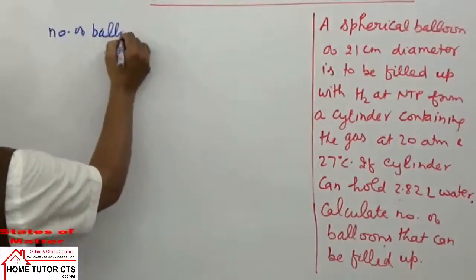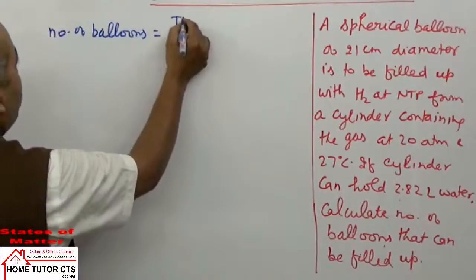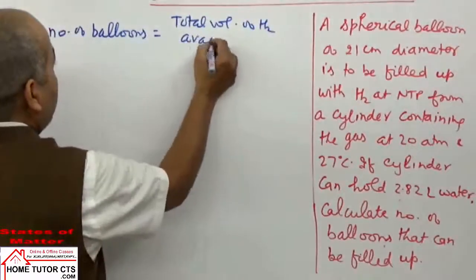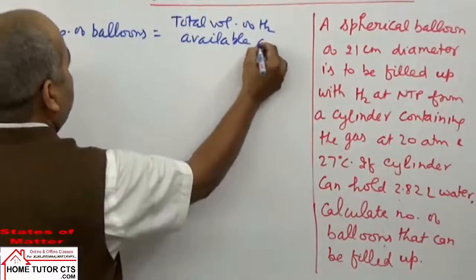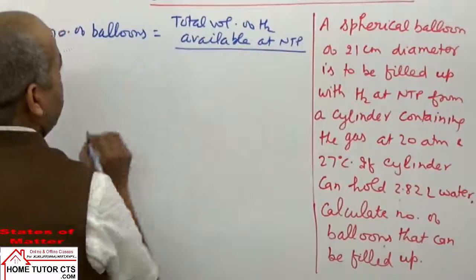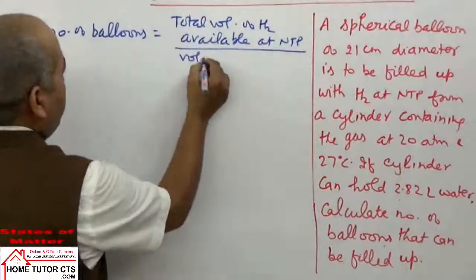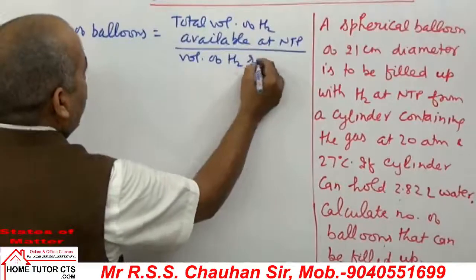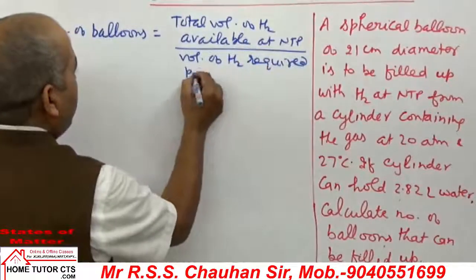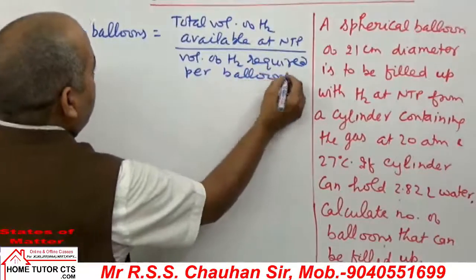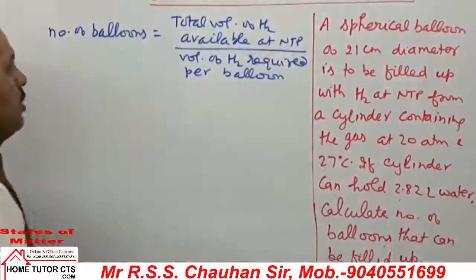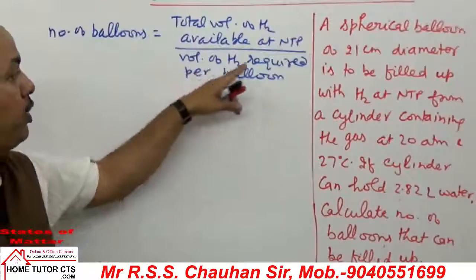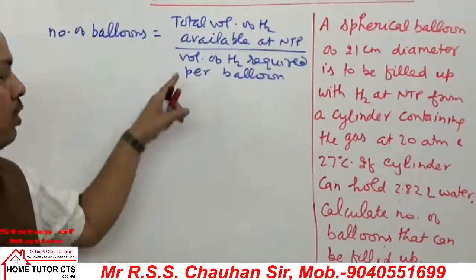It is the total volume of hydrogen available to be filled up at NTP divided by the volume of hydrogen required per balloon, to fill one balloon.